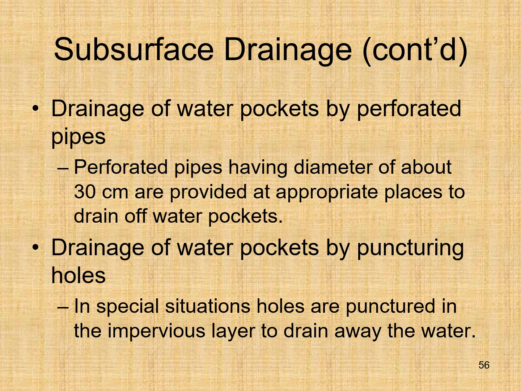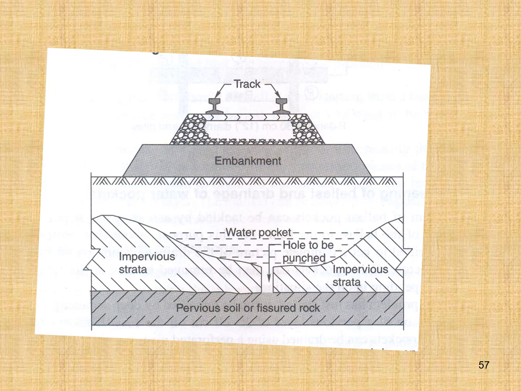So look at this figure. So you can see that there is an impervious strata, and here the hole has been punctured, this one, and in this way the water which was collected here can be drained off. So holes can be punctured in the impervious layer to drain away the water.